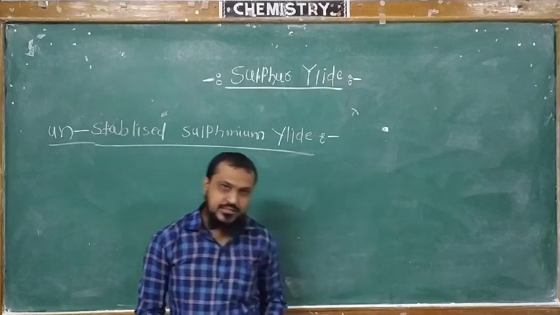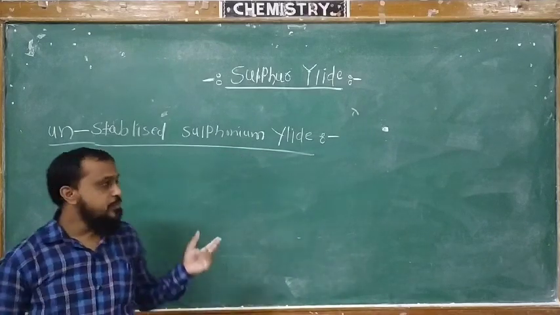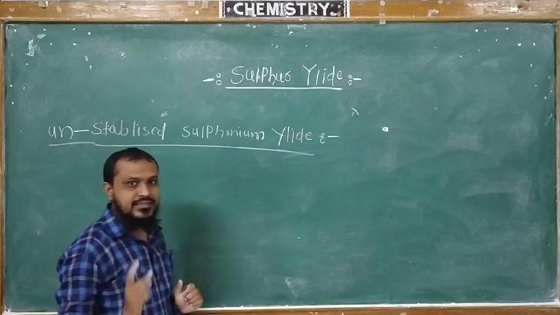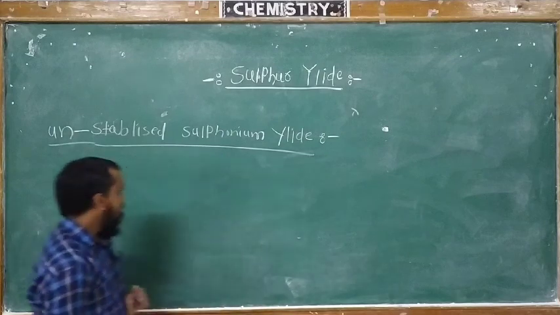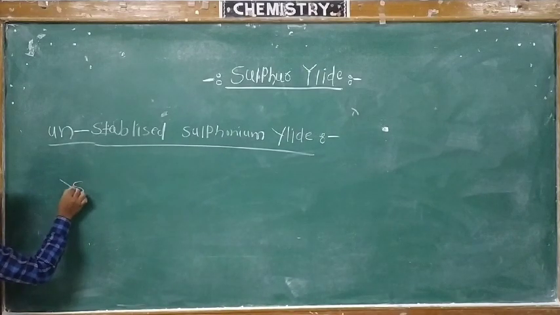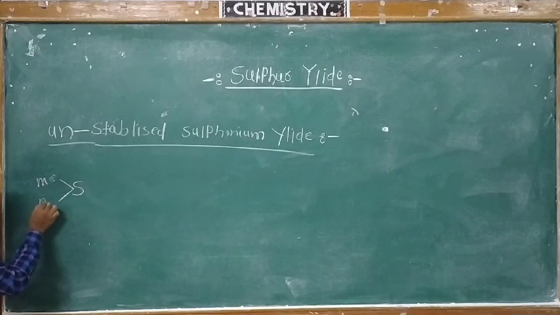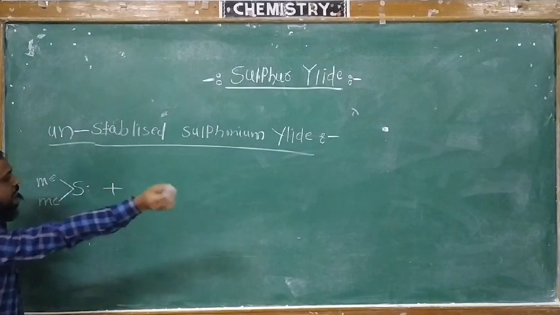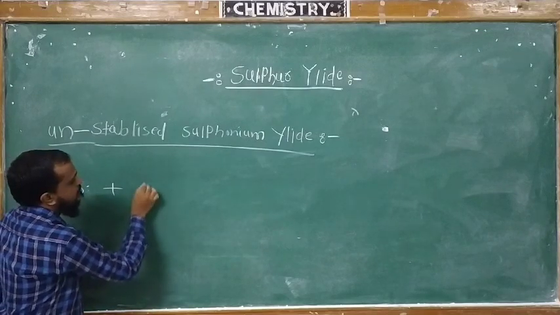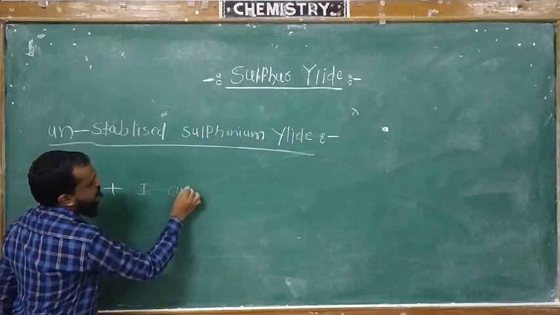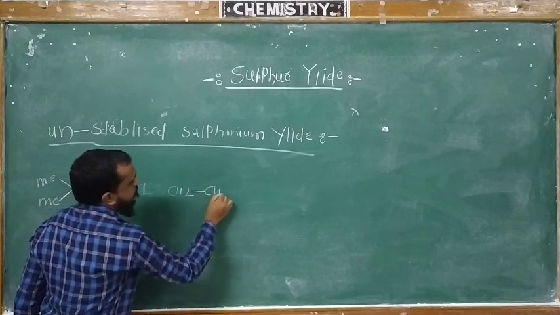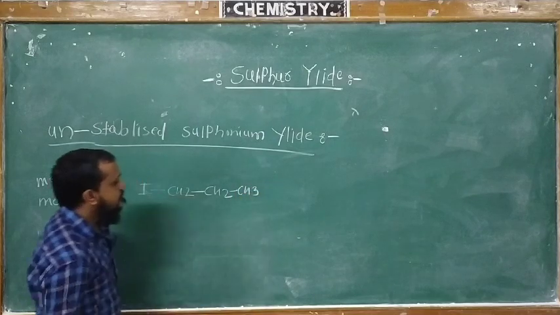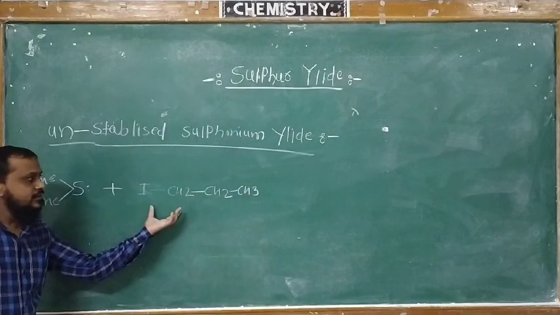Now the next and last point is how to prepare unstabilized sulfonium ylide. Let us see here. This is our dimethyl sulfide. Okay. Interact with these types of alkyl halide.